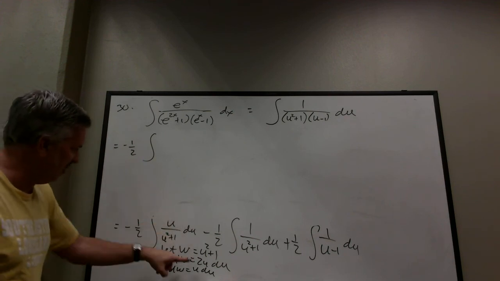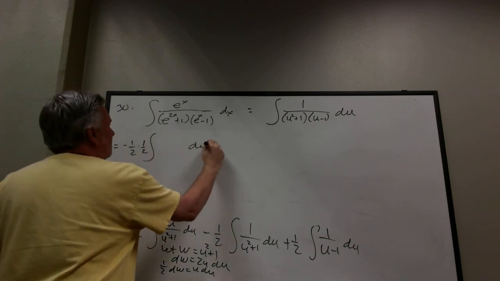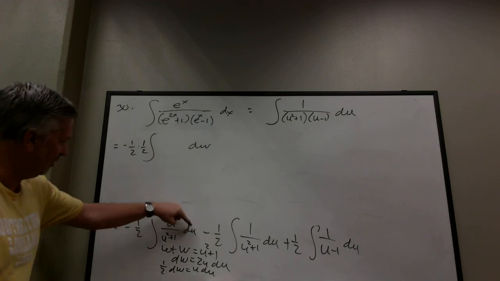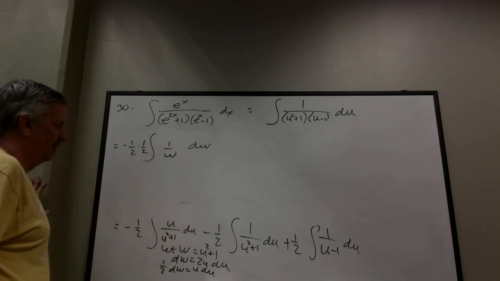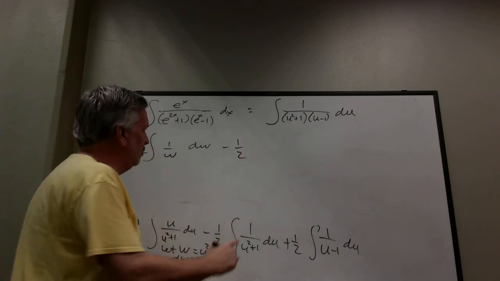So u du is half dw, so I get an extra half out front with the dw. And I'm left with 1 over w, right? I already took care of the u du. This is w, so it's 1 over w. And now we know how to integrate those. This is arctan u.